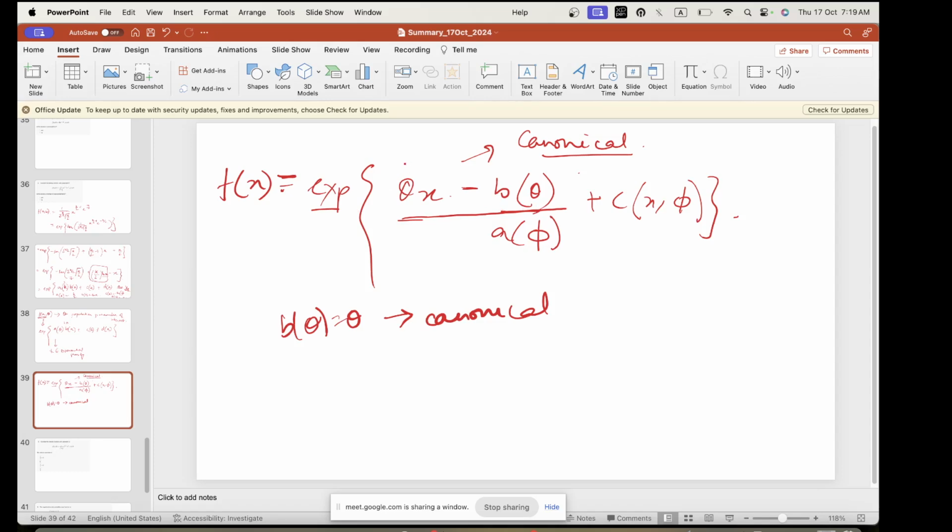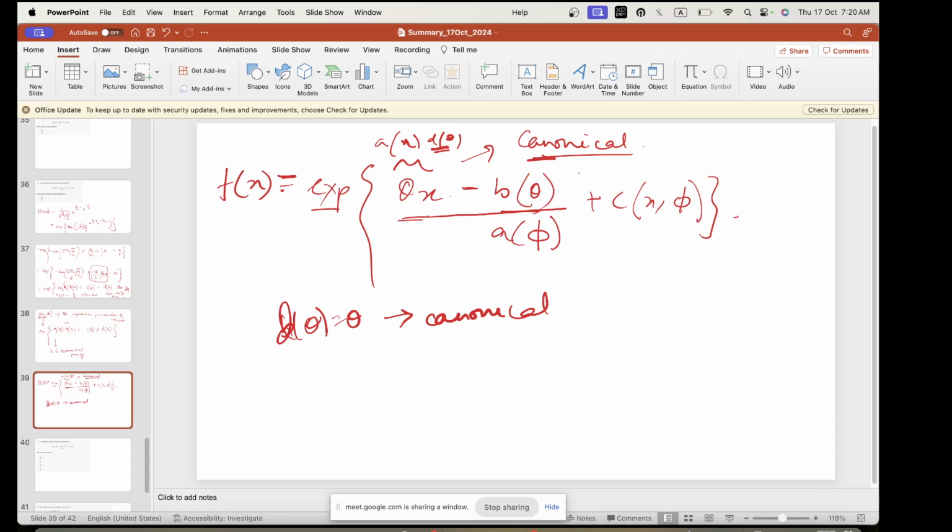So let's say this is a(x) into d(theta), with x and theta containing terms together. Here we see that d(theta) is equal to theta. So I have a feeling that this could be used to test only those distributions where it follows the canonical form.